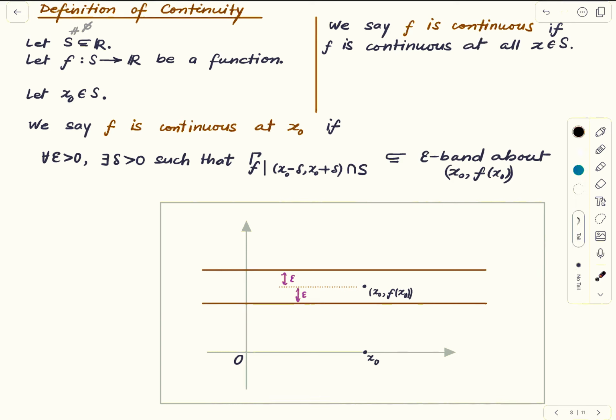First we defined continuity at a point. You choose a point in the domain, and then we defined what is meant by continuity at that point. But here when we say f is continuous, we are defining the global continuity of f. So we say f is continuous if it is continuous everywhere in the domain. Okay. So let's move on.